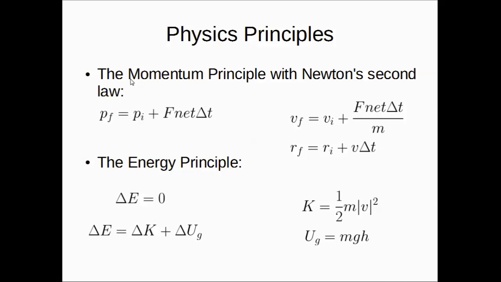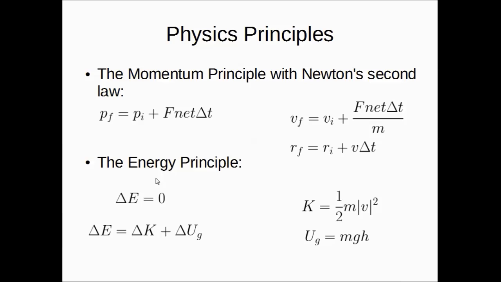And here are the physics principles that I used. The first one is the momentum principle with Newton's second law, which is P_f equals P_i plus F_net times delta t. And from it we can find the final velocity and the final displacement. I also use the energy principle, but here the system consists of Felix, his suit, and the Earth.